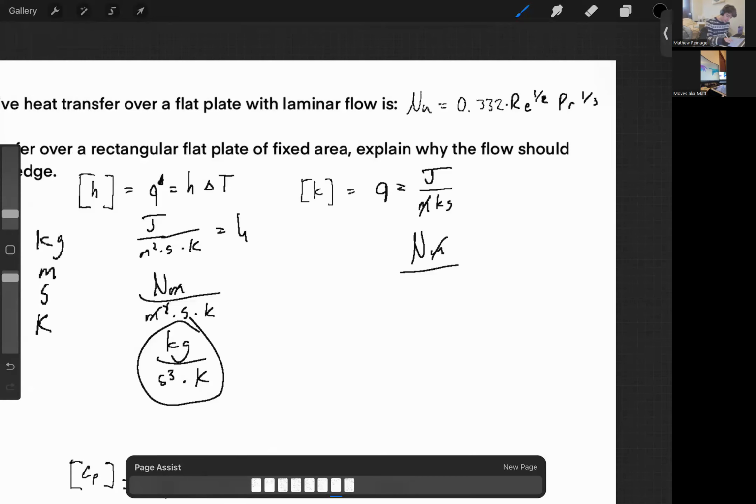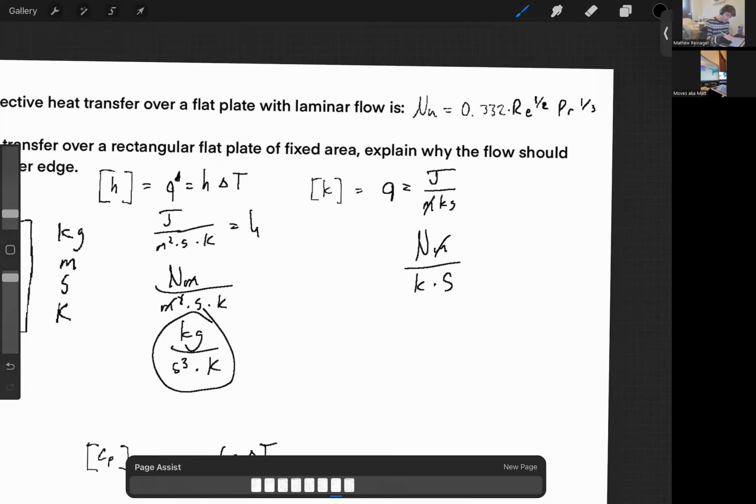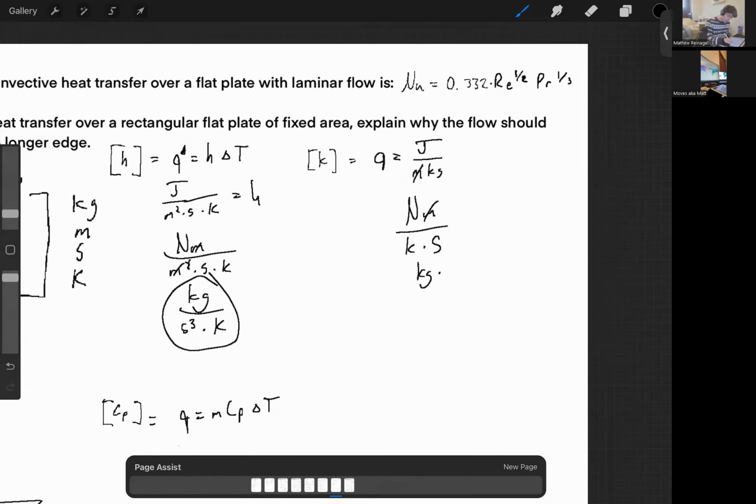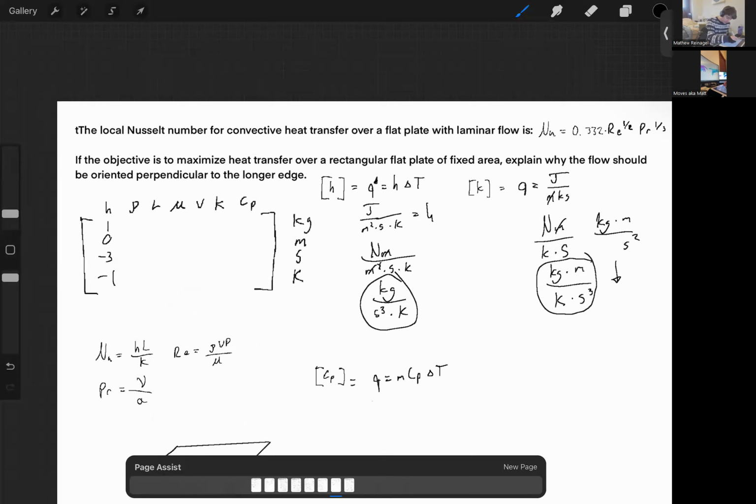That cancels out those meters, and we're left with kilograms meter over Kelvin over seconds cubed. And we're left with this for the Buckingham to insert. So we have 1 kilogram, 1 meter, -3 in the seconds because it's to the power 3 in the denominator, and then -1 for Kelvin.